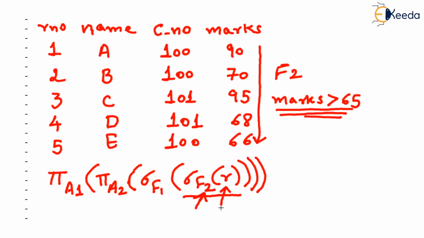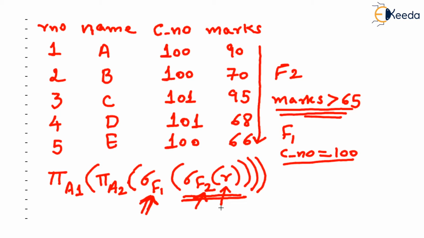But then once we get this result of the innermost bracket, now comes the outer select operation, which is another Boolean expression F1. And just imagine F1 is course number equal to 100. This is a Boolean expression.